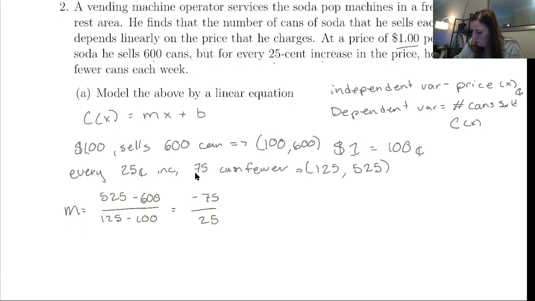For every 25-cent increase of my independent variable, that's my run, I have 75 fewer cans, so that's my rise. In this case, my rise is a negative. That's fine. And this is going to give me -3. I don't need units on my slope. Okay.